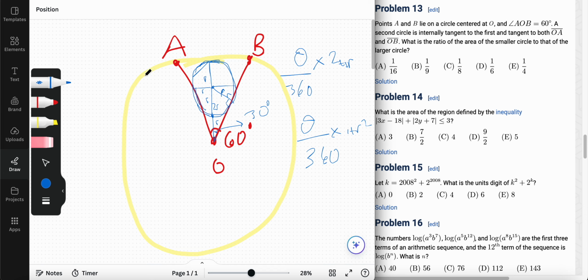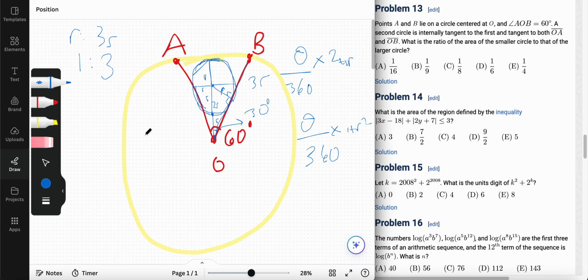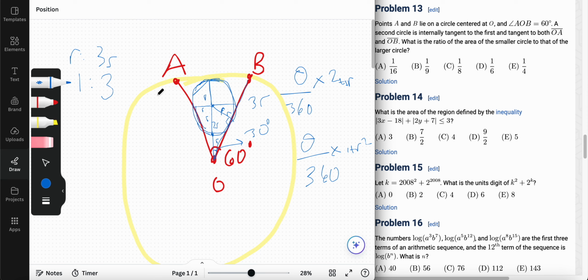If this is r, this is 2r, and this to here is 2r, that means this is all 3r. So the radius of the bigger circle is 3r. So r to 3r, or 1 to 3, is the ratio of their radii. And from the ratio of the radii, we can figure out the ratio of the areas, because of pi r squared. If we square both sides, we get 1 to 9.